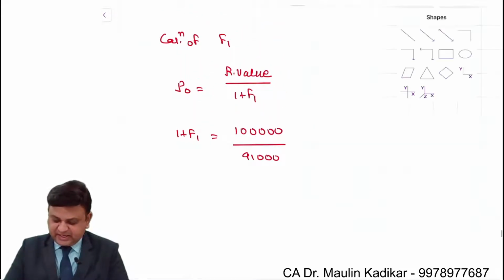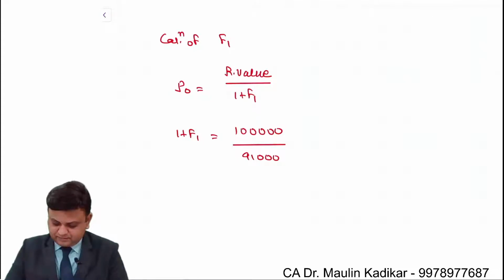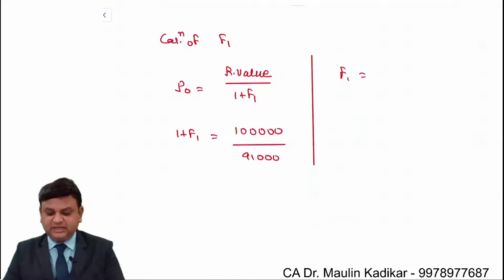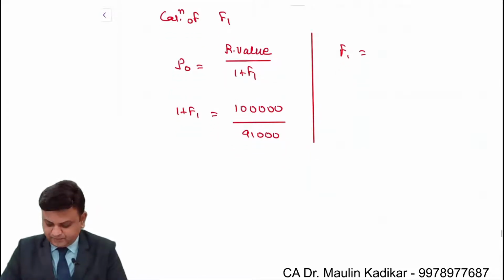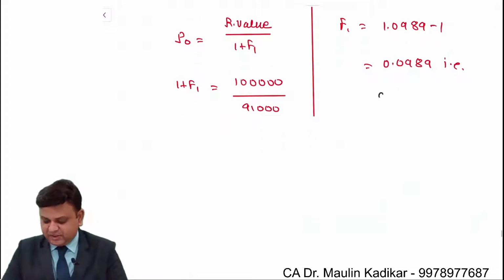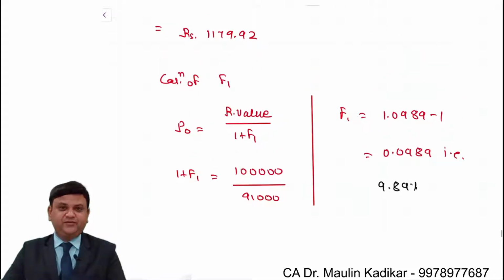So as far as F1 is concerned, 1 lakh upon 91,000 comes to 1.0989 minus 1, 0.0989, that is 9.89%. This is the way F1 is calculated.